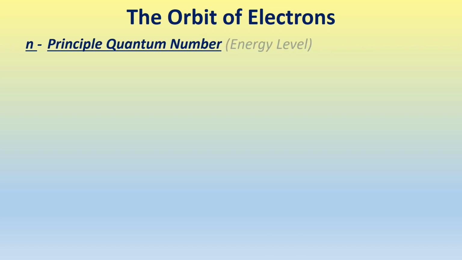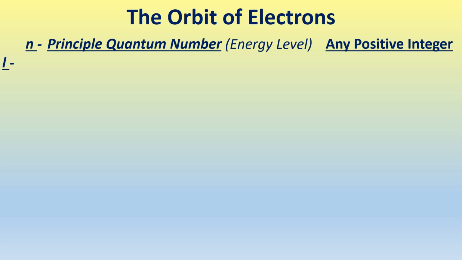So in summary, the orbit of the electron, its very position, is first of all given by the principal quantum number. This can have any positive integer value and essentially correlates to the potential energy or the distance from the nucleus, the energy level that that electron is in. This needs to be balanced by motion.